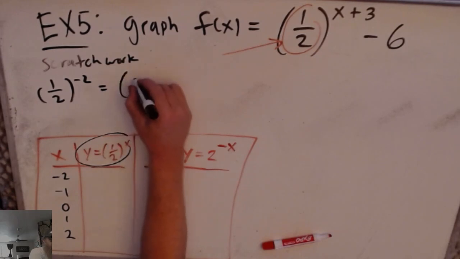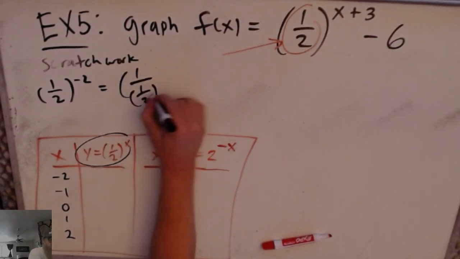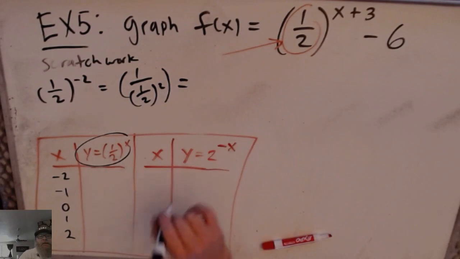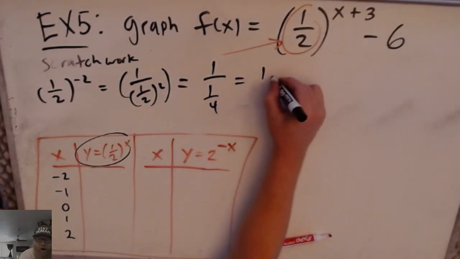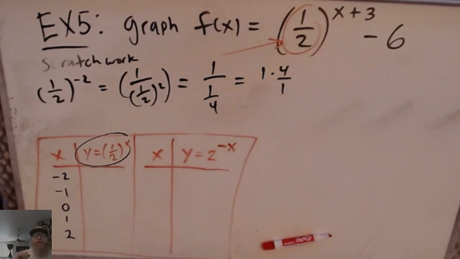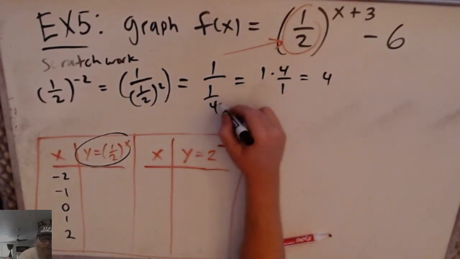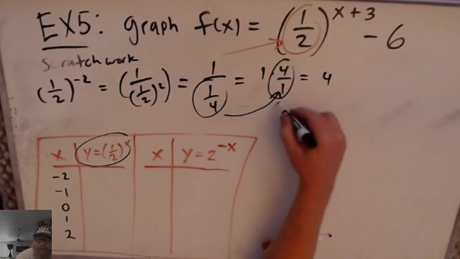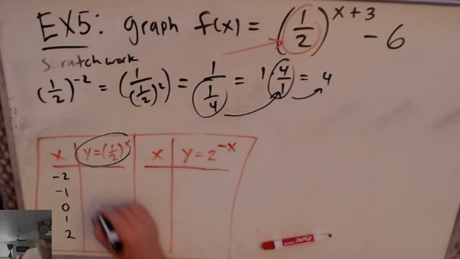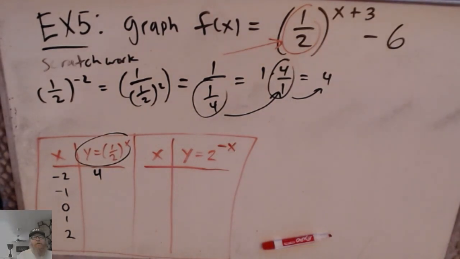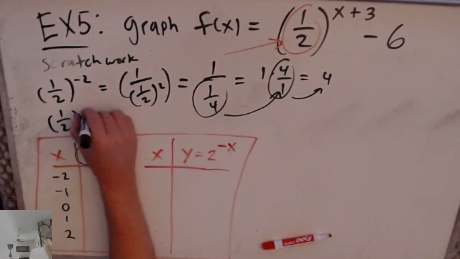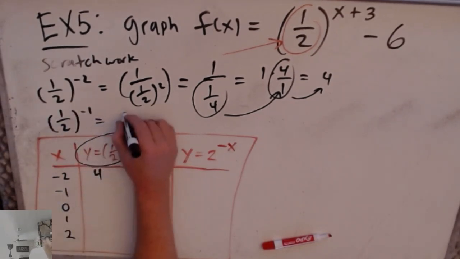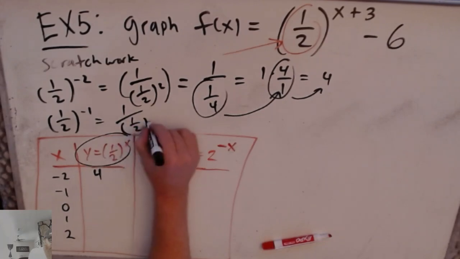That's the same as 1 over 1/2 squared, which is 1 over 1/4, which is 1 times 4 over 1, which is just a fancy way of saying 4. So you get 4. How about the next one? -1. 1/2 to the -1. Well, that's 1 over 1/2 to the 1.